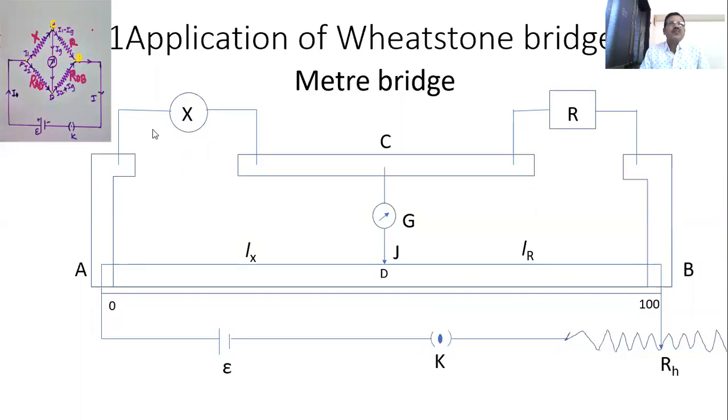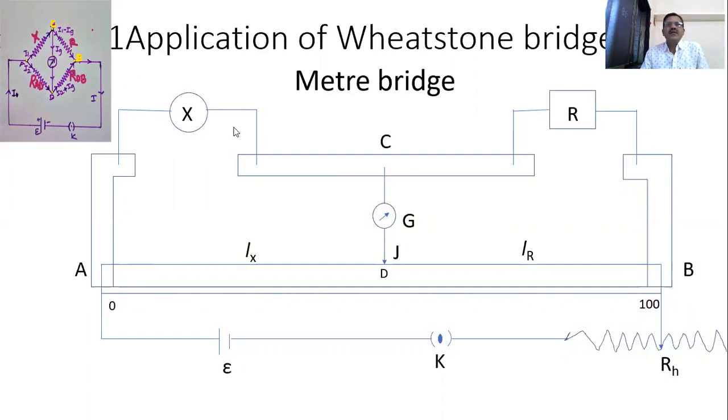Here, the four resistances are this unknown resistance X, resistance box R, and there is a wire AB. Wheatstone's bridge consists of four resistances.